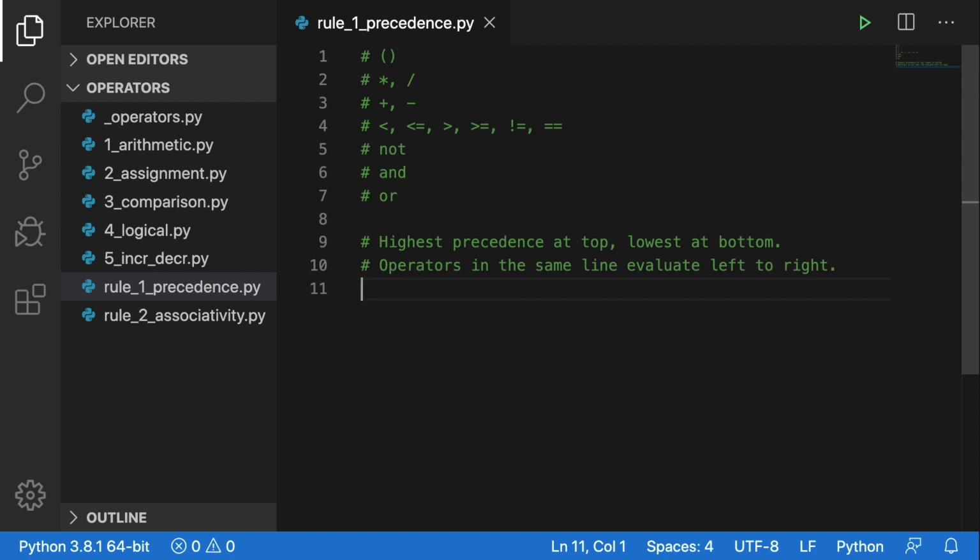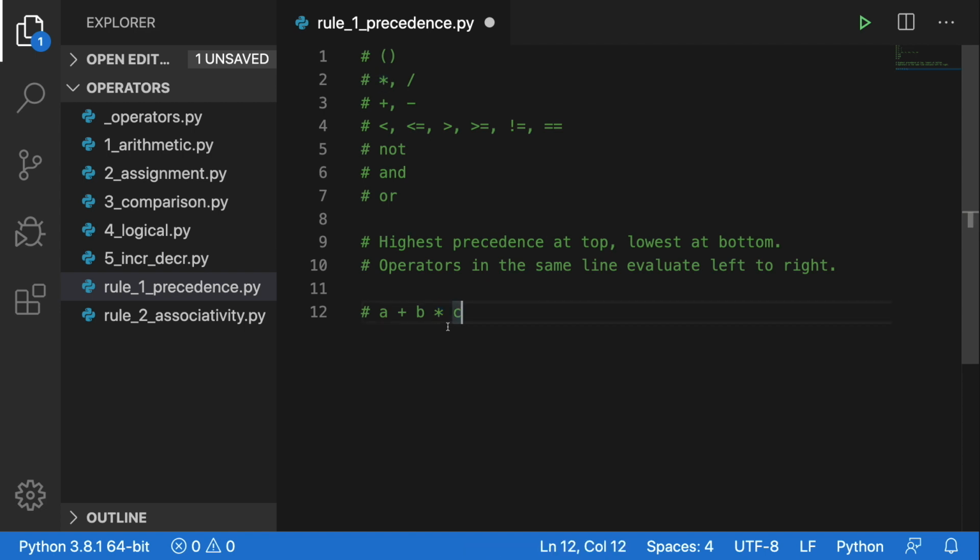Precedence rules specify which operator is evaluated first when two operators have different precedence. To understand it, bring on an expression: A plus B multiply with C. How will Python execute this? You can see two operators, addition and multiplication. So check out the precedence rule table.